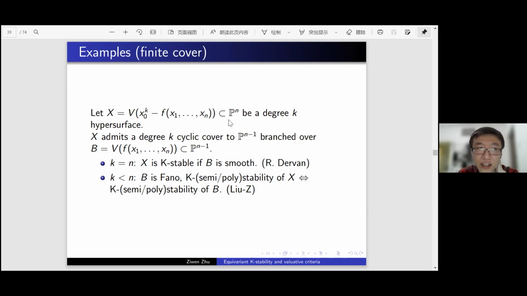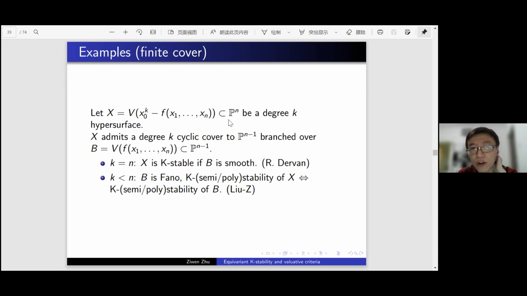So for other cases, there are definitely a lot of cases we know right now, but there's still no very systematic result in higher dimension about K-stability. But for hypersurfaces of higher degree, I think we have some results.